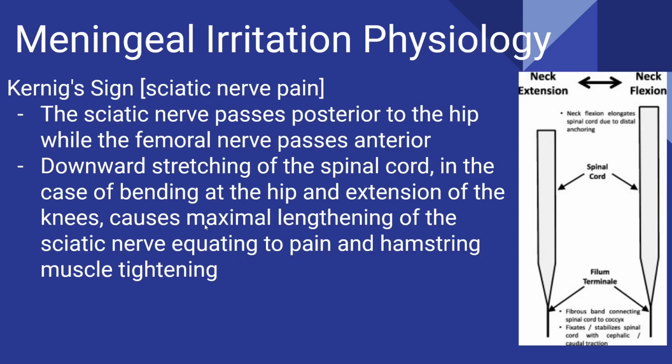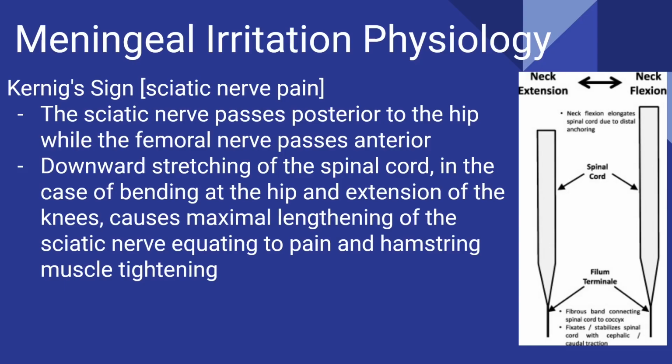And so we can do this as well to see, if we're not sure about the nuchal rigidity, we can check this with a Koenig sign by checking the sciatic nerve pain. So we could do the opposite. We can stretch from the bottom of the spinal cord by stretching the hip and knee forward.